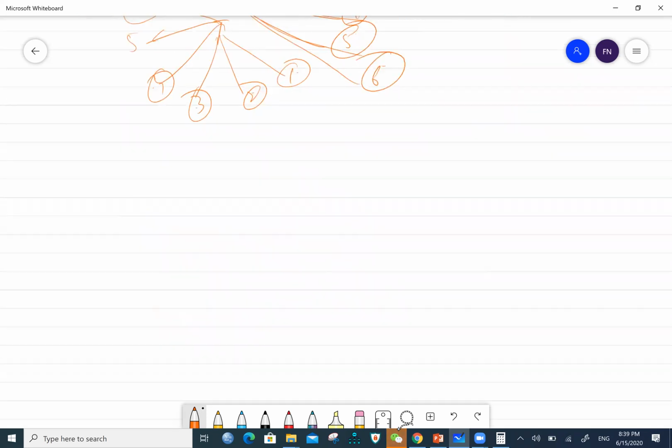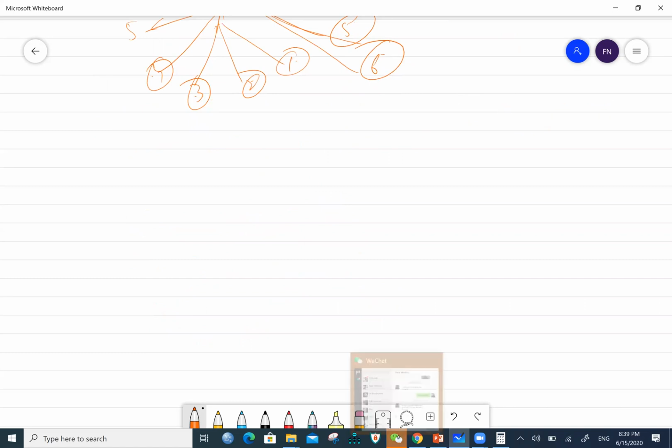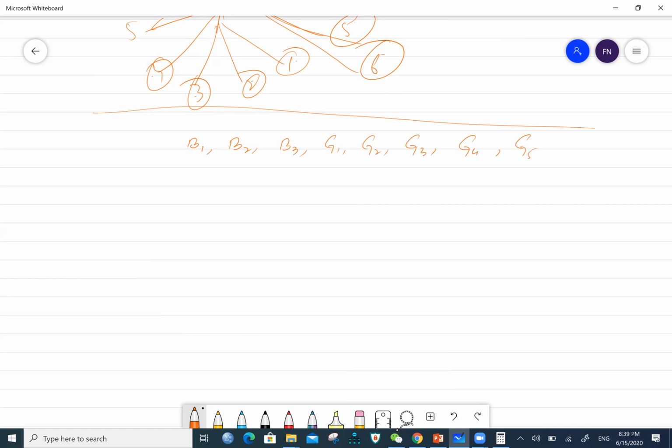Now, after studying this fundamental principle of counting, we come back to our regular example. Again, coming back to this example, let's say we have B1, B2, B3, girl 1, girl 2, girl 3, girl 4, and girl 5.